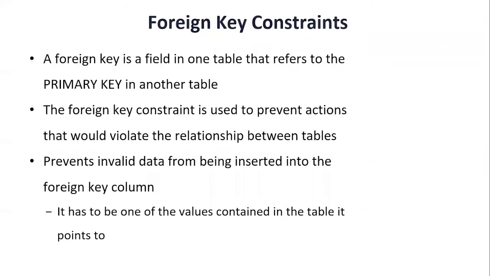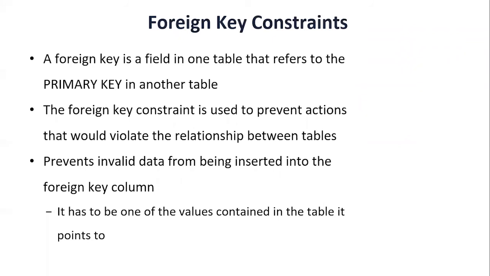The next thing we want to learn is the foreign key constraints. We have learned about the concept of a foreign key in our relational model lesson. So we know a foreign key is a primary key of another table that we include as a column in another table.